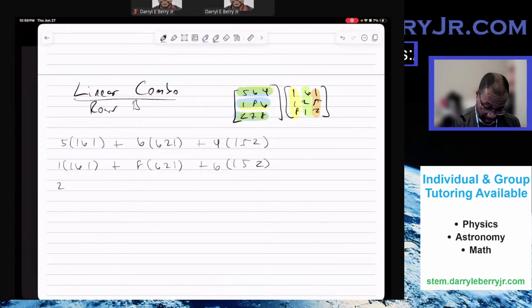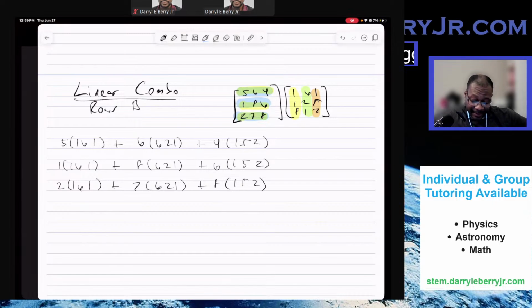Okay. And then we have 2, 6, 1 plus 7, 6, 2, 1 plus 8, 1, 5, 2. So what I definitely have to do on the exam is just start with the dot product way, the way I normally do it. And then if we have to do it a different way, make sure that I check it with the dot product way, since I can do that way better.